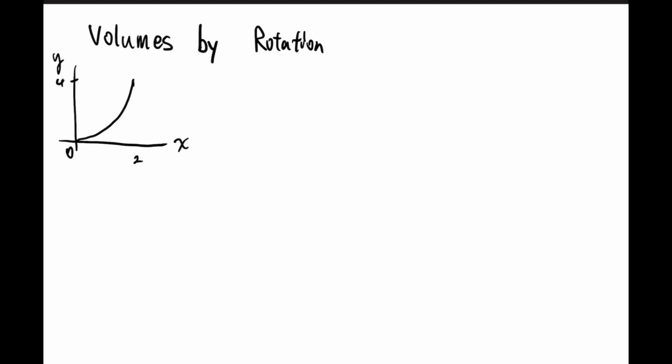Today we'll be discussing volumes by rotation part 2, where we will go over the shell method. So I'll give you guys the formula right off the bat, and then we'll discuss the intuition behind why this formula works.